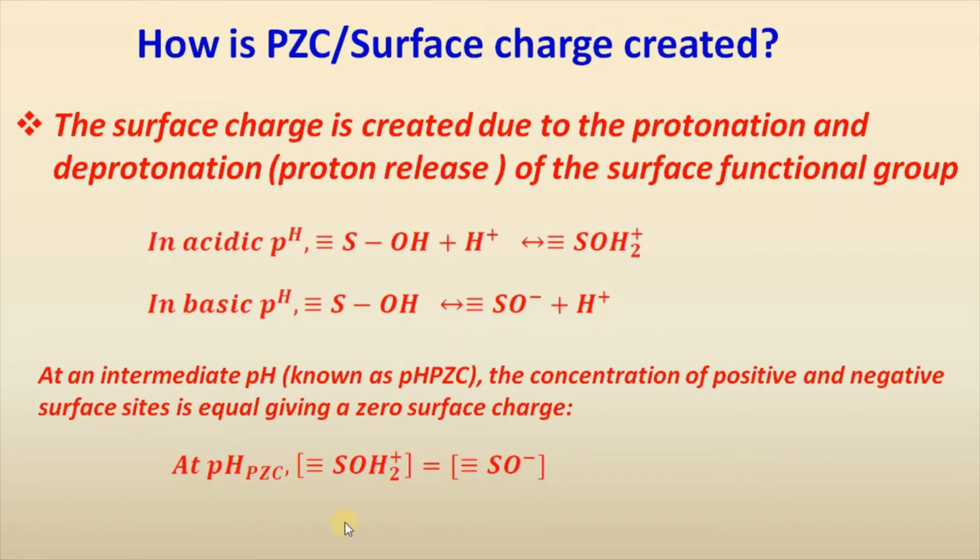However, at an intermediate pH, the concentration of positively charged surface becomes equal to the concentration of negatively charged surface. This is widely known as point of zero charge and expressed as PZC.